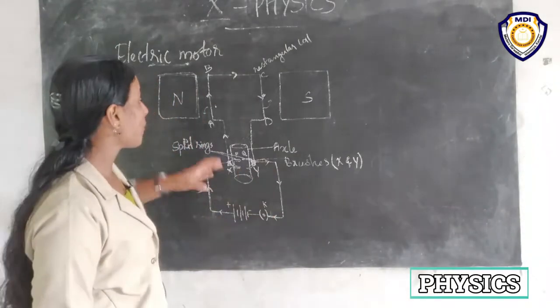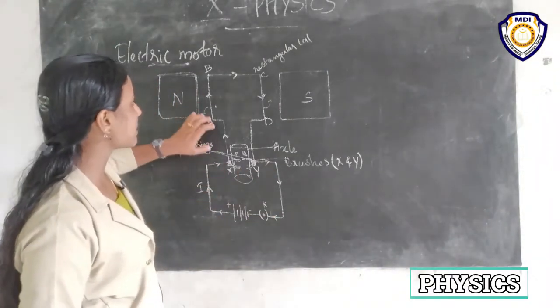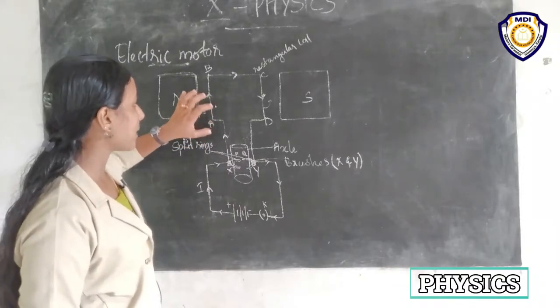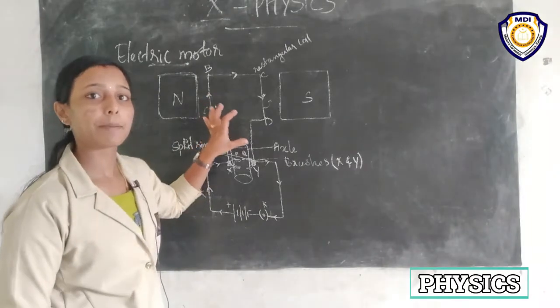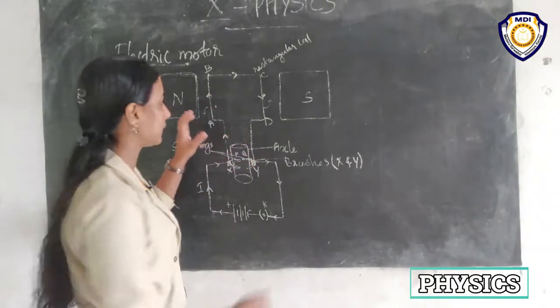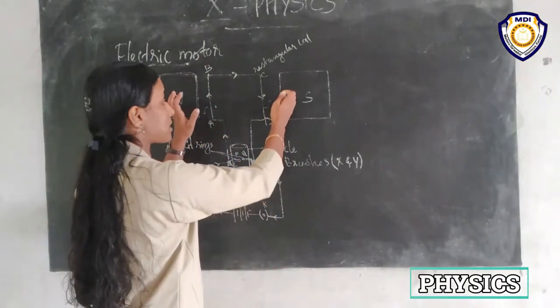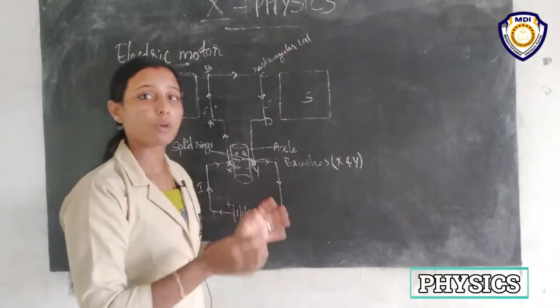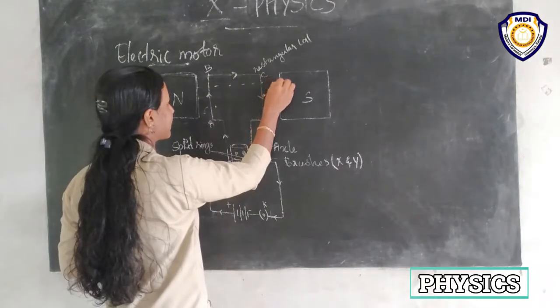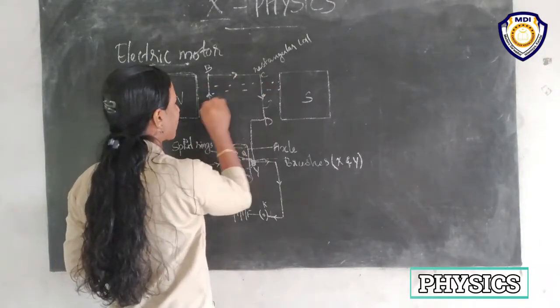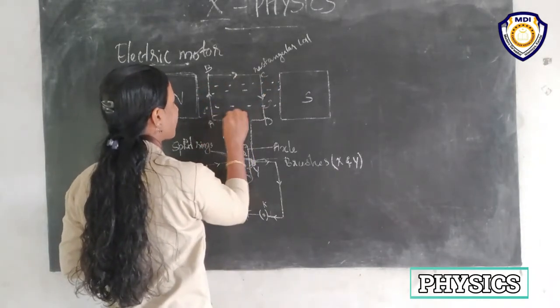Whenever a current is passing through this coil, the coil is placed inside a magnetic field, right? This north and south pole produce a strong magnetic field, and the direction of the magnetic field is from north pole to south pole.